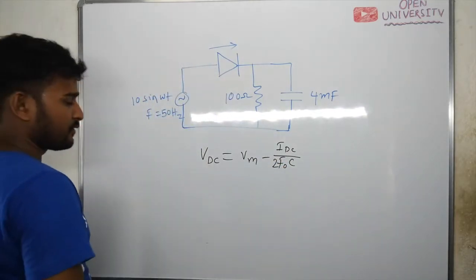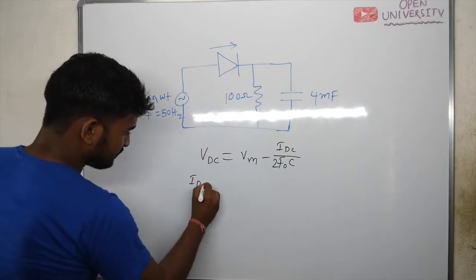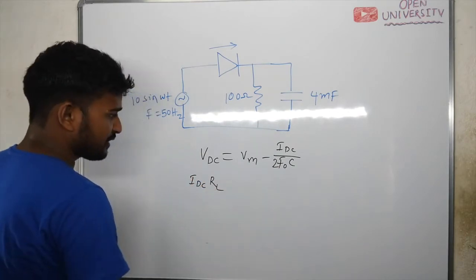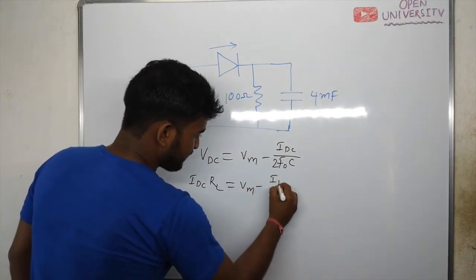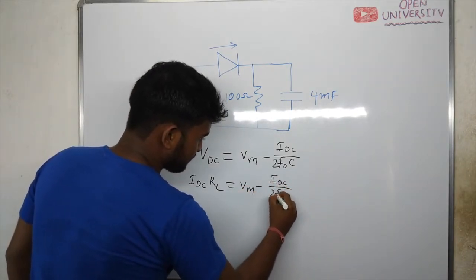What is VDC? It is equal to IDC into RL. You can write VDC equal to IDC into RL, equal to Vm minus IDC by 2 F naught C.